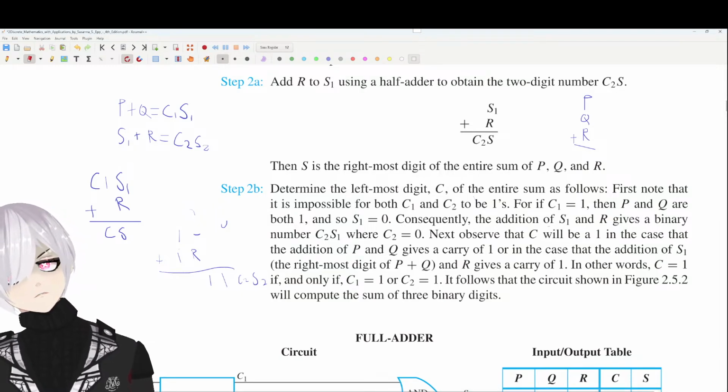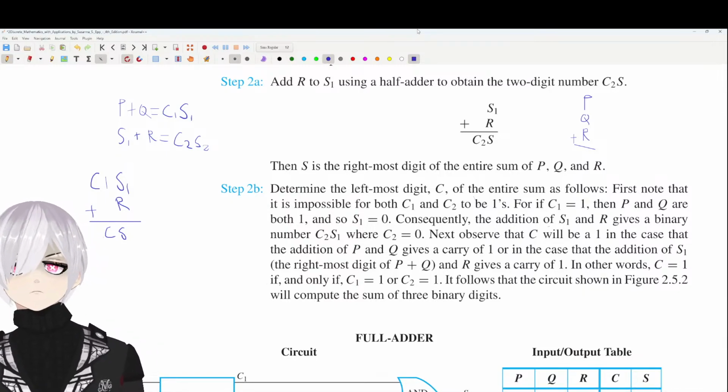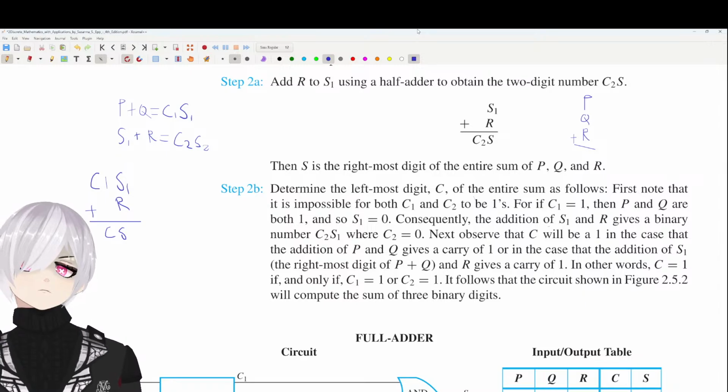So what we're doing here is we want to do this addition, and in the rightmost column we're doing S1 plus R, and we know that S1 plus R is equal to C2S. But we want to figure out what happens if that C2 is a 0.